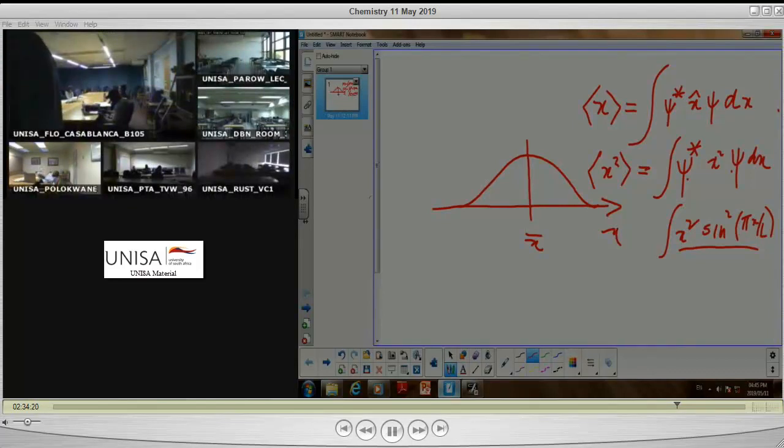We've got the value that is measured anywhere along this line, minus the mean value. And then, because this difference can be negative, we square it.